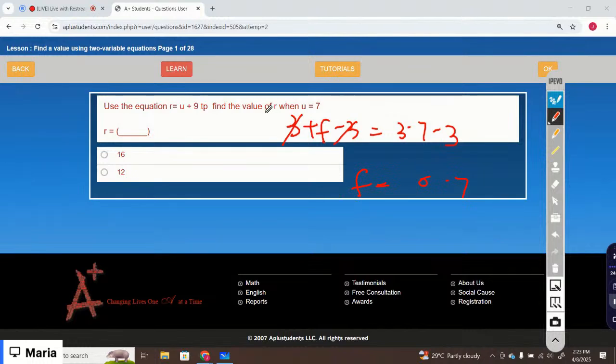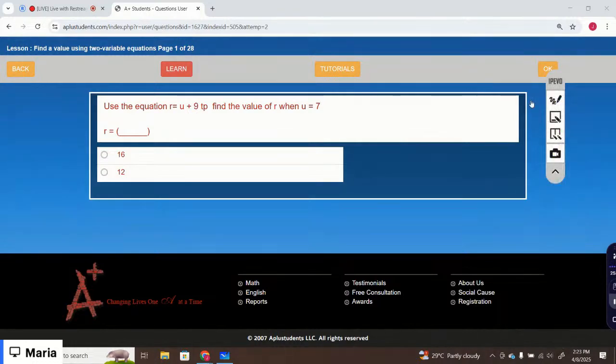So you just have to replace the variable u with the value 7. So that is 7 plus 9. So 7 plus 9 equals 16, that is r equals 16. Option number 1 is the correct option.